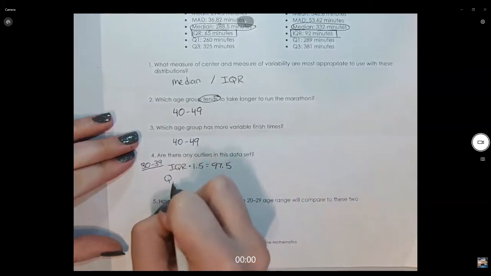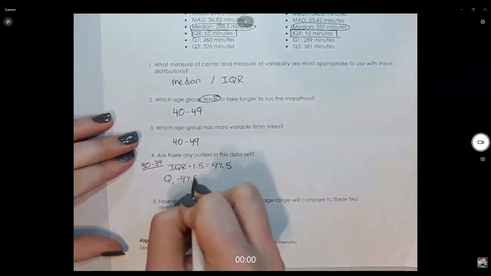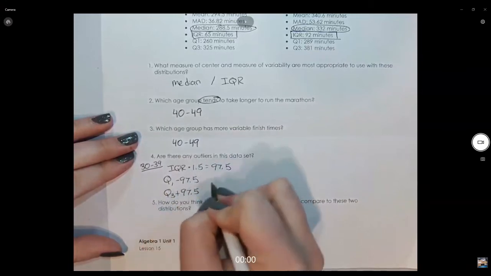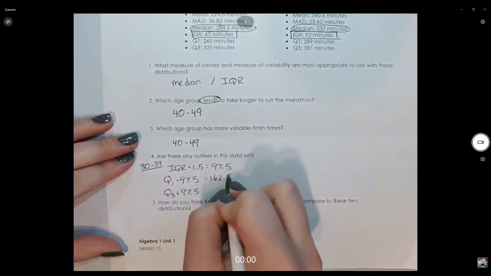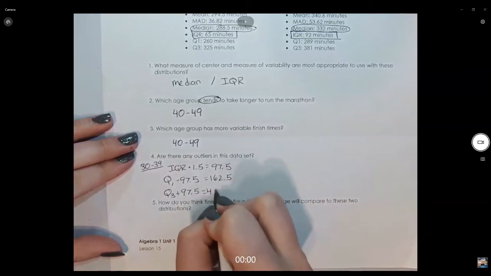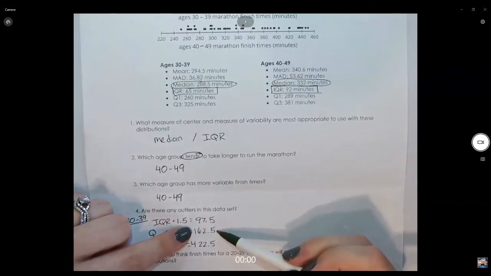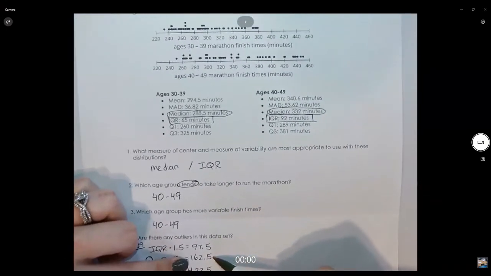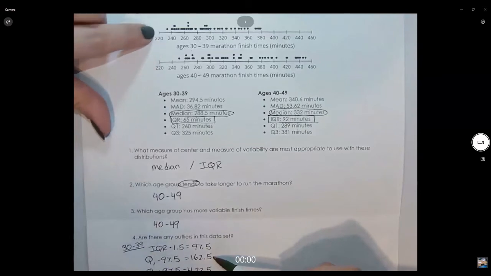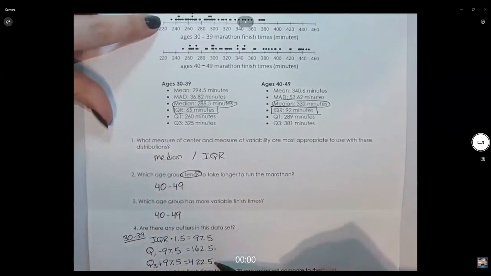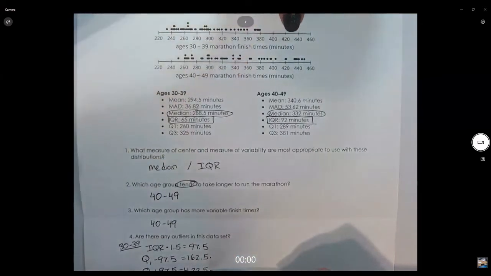And then you would subtract it from Q1 and add it to Q3, and you would get 162.5 and 422.5 here. So this is saying that if we have any number smaller than 162, it's an outlier. Well, we don't, because we can see we don't have any numbers past that. If there's any larger than 422.5, which would be right around here, and there is not. So there's not an outlier in this first data set.